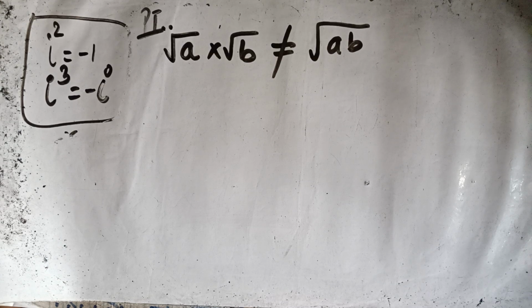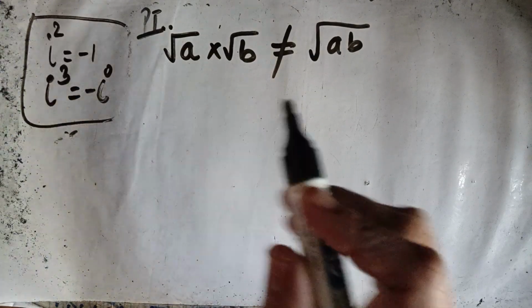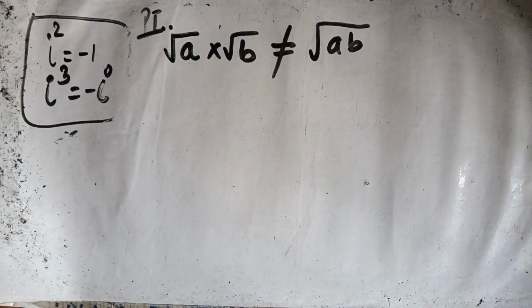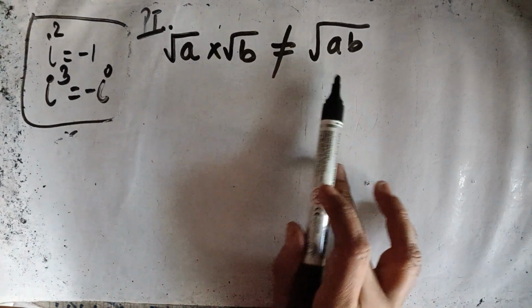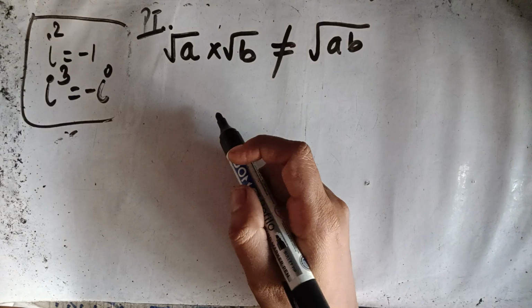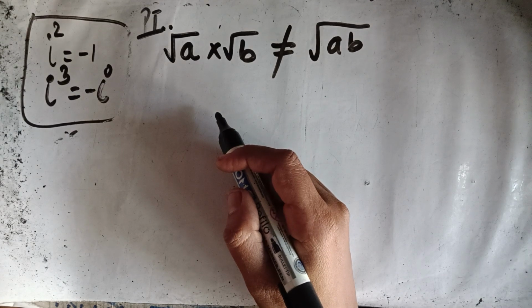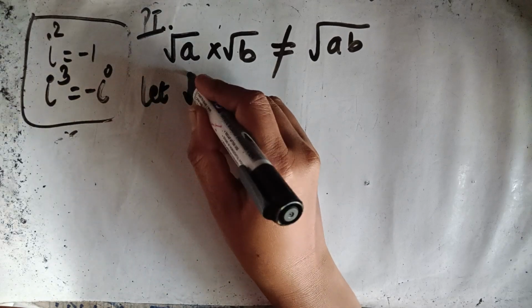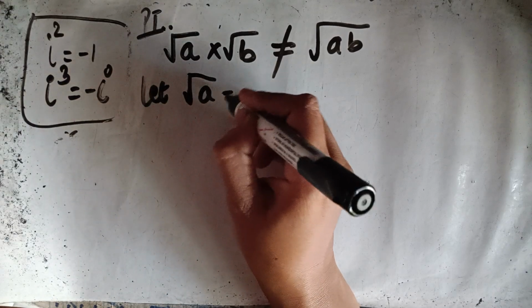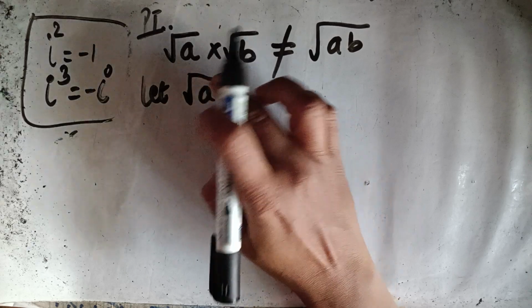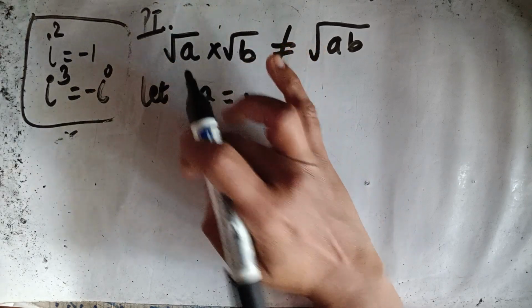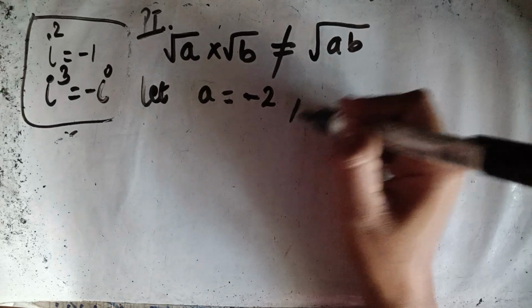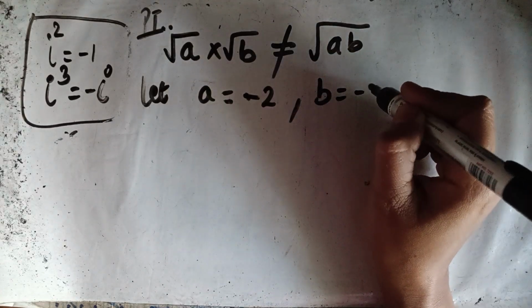This doesn't apply for a complex number, that is with a negative sign. If a and b have a negative sign, then this doesn't apply. So let's start. Let's say a is minus 2, and b is minus 3.